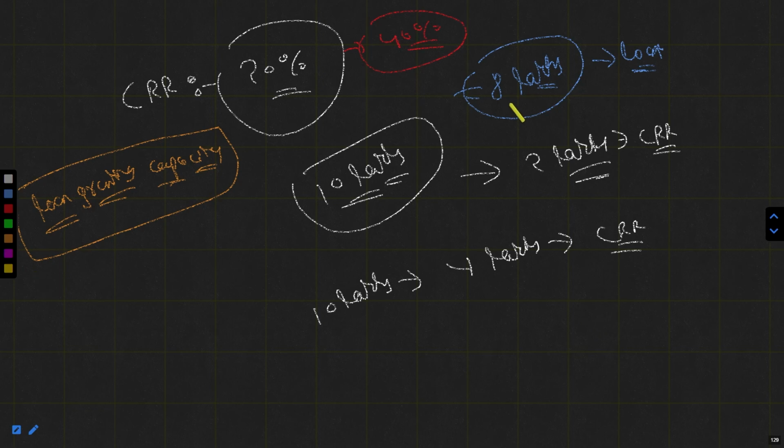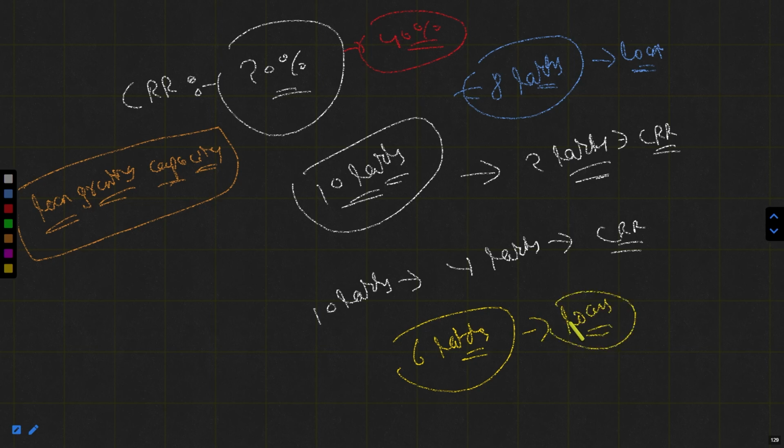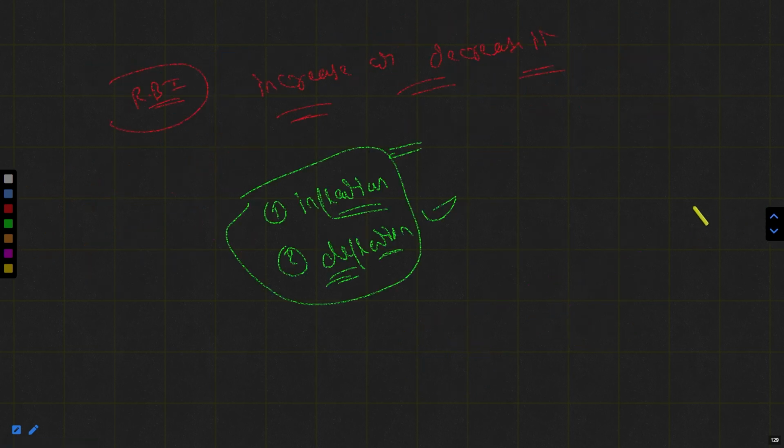Instead of 8 lakhs, now only 6 lakhs could be granted as a loan. So the loan granting capacity of the bank is reduced from 8 to 6, and this will ultimately lead to the cutting of the money supply in the economy. I hope you have understood the concept.